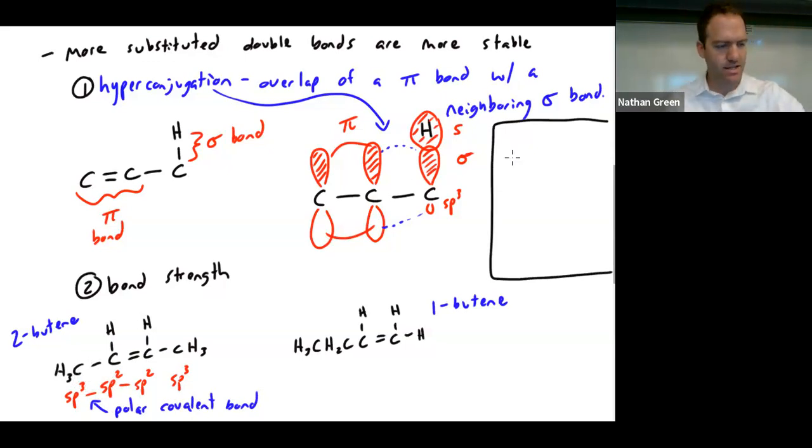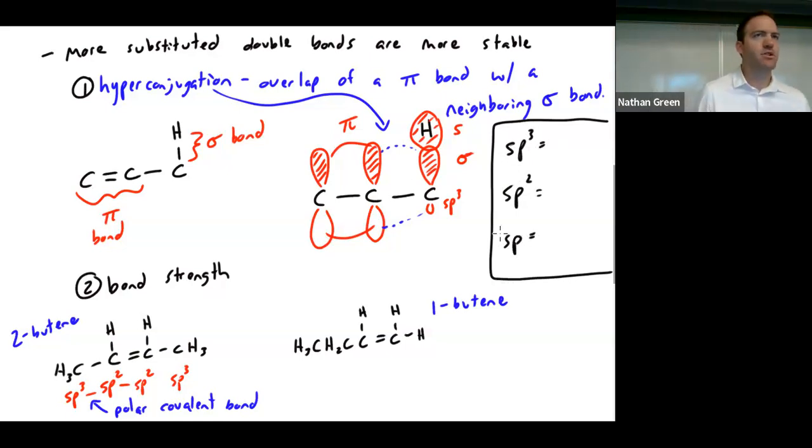And the reason for that is if we look at sp3 versus sp2 versus sp, I want to talk about the S character of each one of these. And what I mean by that is if you're an electron around a carbon, you want to be in an S orbital, right?